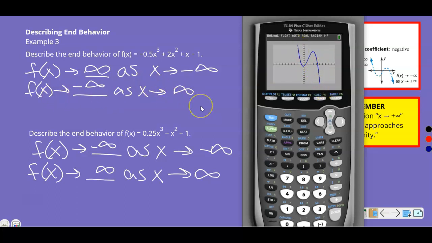We would describe the end behavior like this pretty much in every case that has a negative leading coefficient and an odd, or cubic, end behavior. Same thing with the other one. You can just type it into y equals, graph it, and you can also look to see that this is correct. All right, just remember, if x goes to the left or to the negative, y is going positive, and x goes positive, y is going negative in that case.